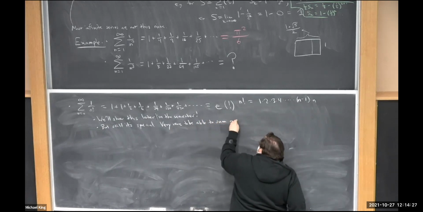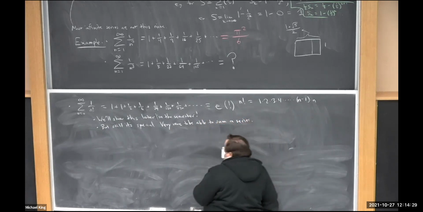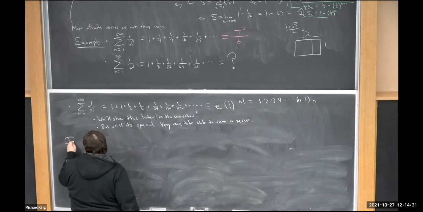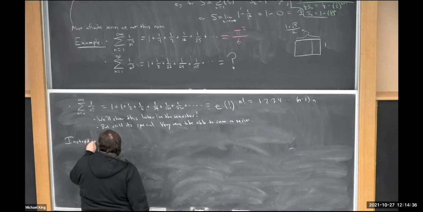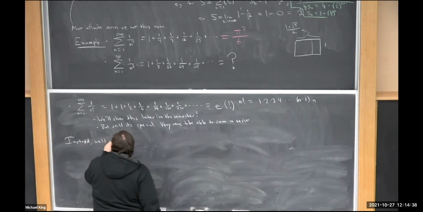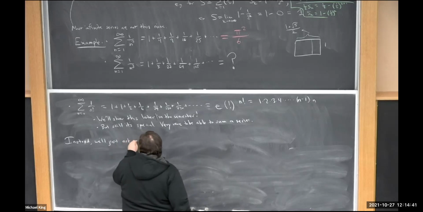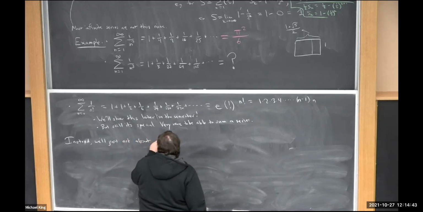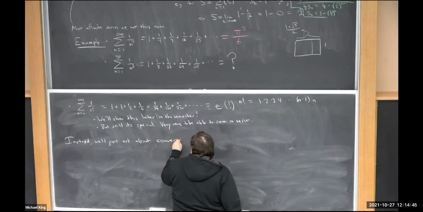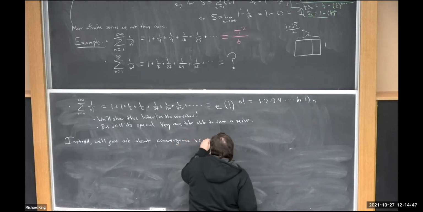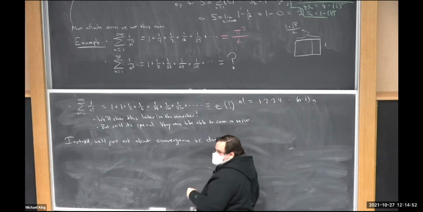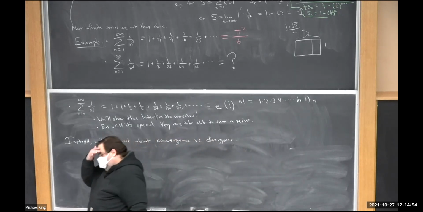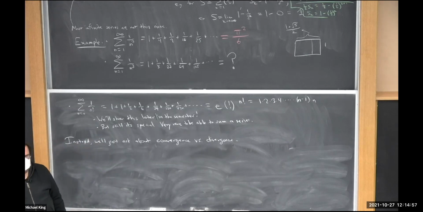Okay. So instead, we'll just ask about convergence versus divergence. We already saw that a little bit with geometric series, where we can tell very quickly whether a geometric series converges or diverges based purely on the value of r, the multiplying factor, right?